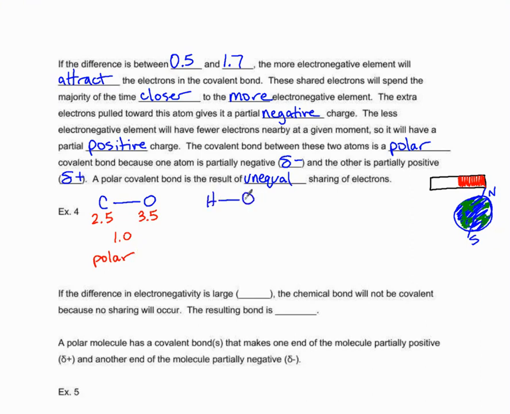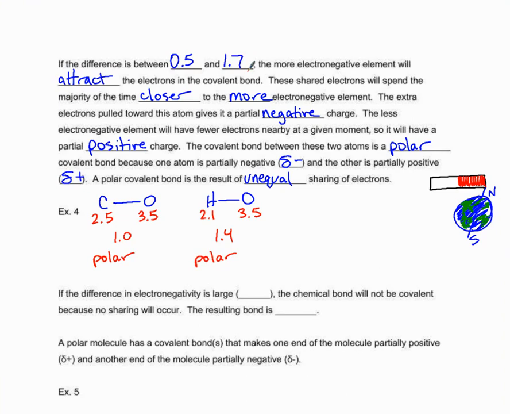Here's a covalent bond between a hydrogen atom and an oxygen atom. Hydrogen, from the previous page, is 2.1, and oxygen is 3.5. The difference between these two numbers is really quite large, 1.4, which puts it really towards the upper range of being polar.